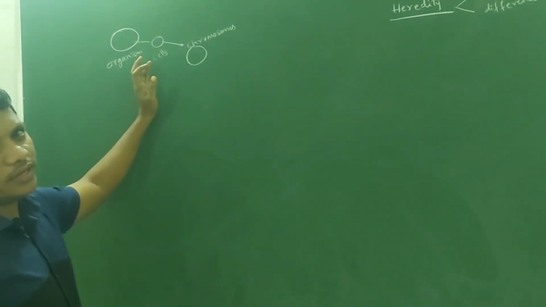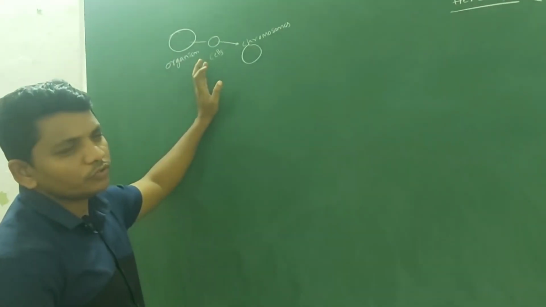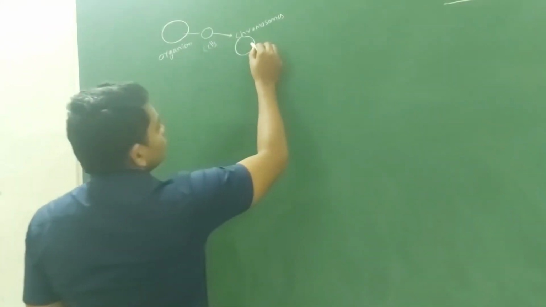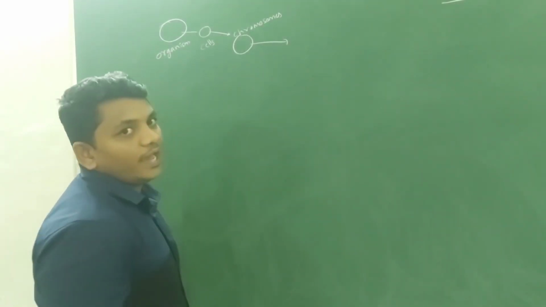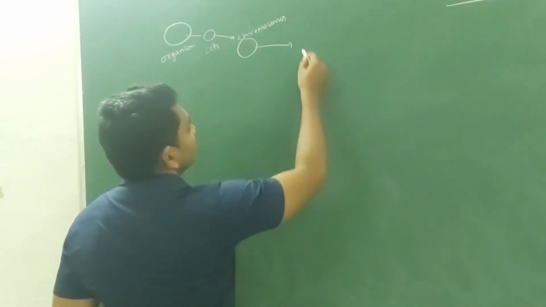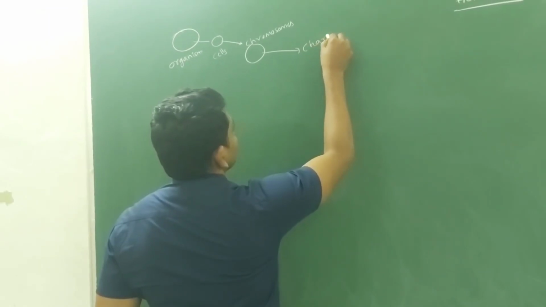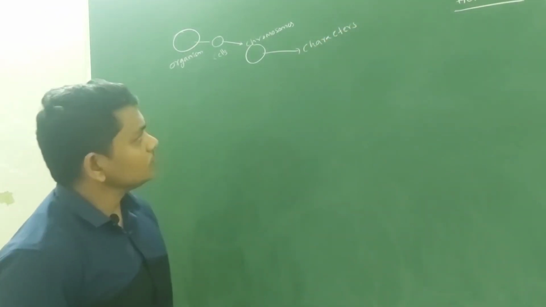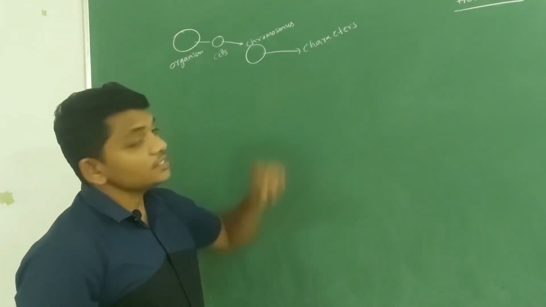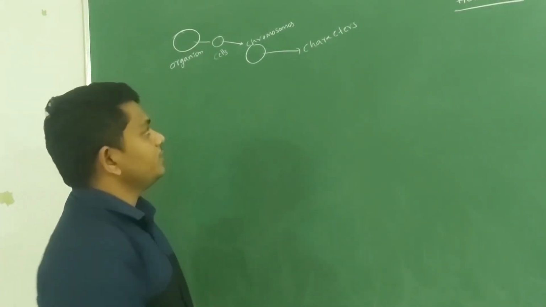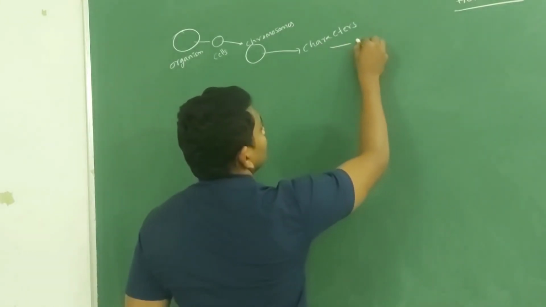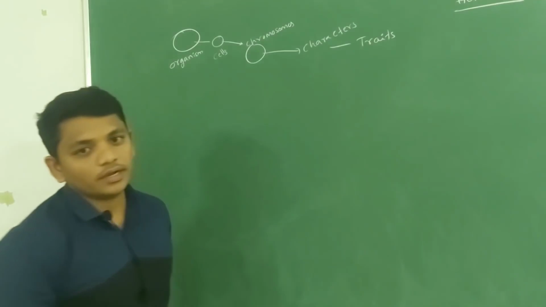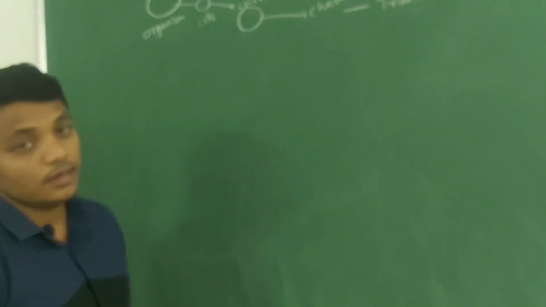A lot of materials are there in the cell, but we are going to discuss only chromosomes. In chromosomes, we can find characters. These characters contain traits.